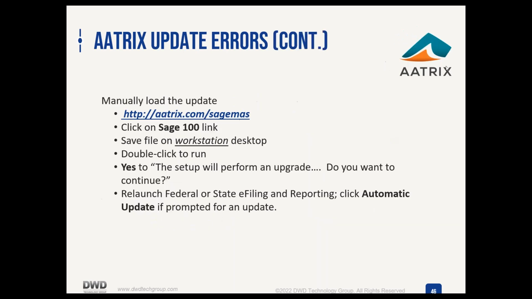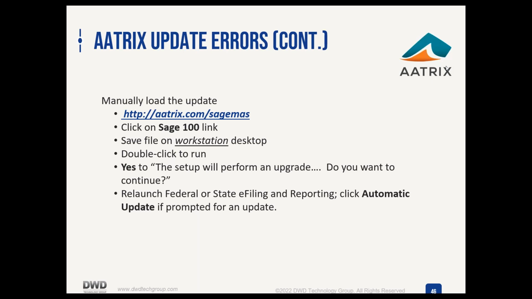In a pinch, we can always go out to the Atrix site and we can manually download the Sage Mass update. It'll download it, put it on your local workstation, and then you can run it from there. Again, we would want to run that as an administrator. You can do that right-click run as admin, or if you need to have your IT available so that they can put in appropriate credentials.